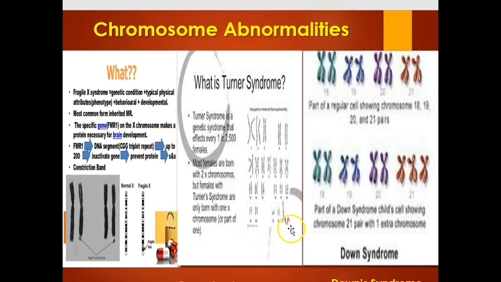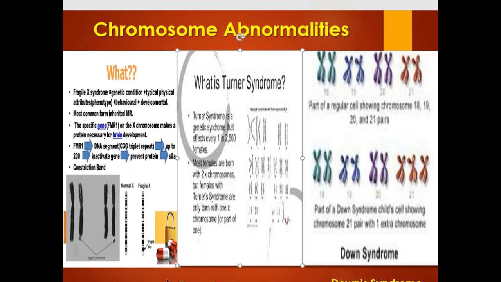Here you see where part of the chromosome is broken off or an arm is hanging. And they can have various cognitive declines and developmental delays as a child grows.